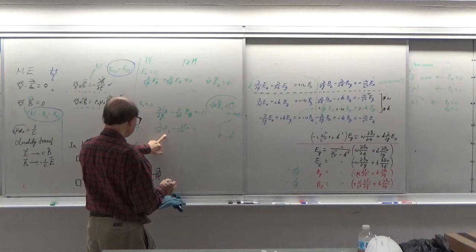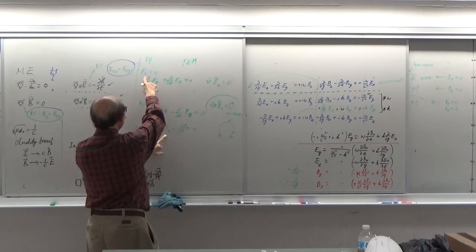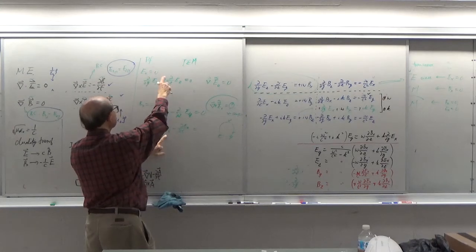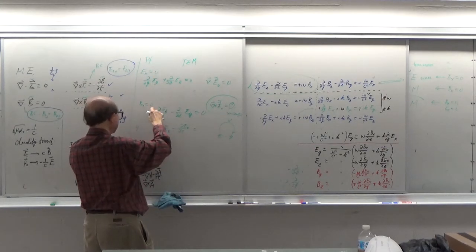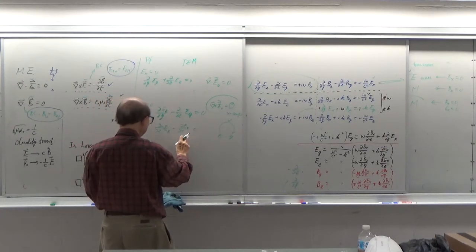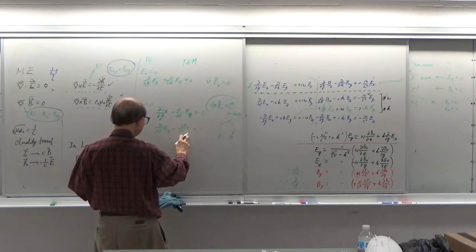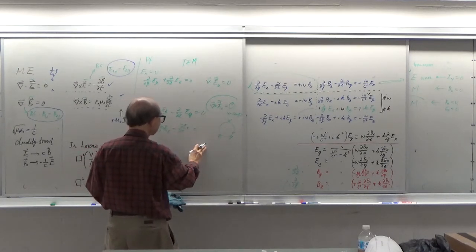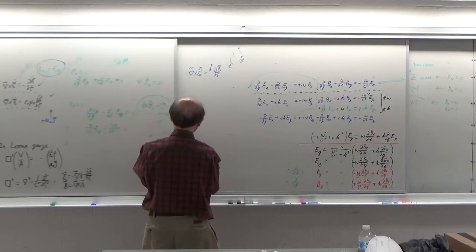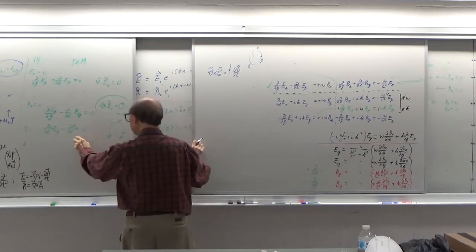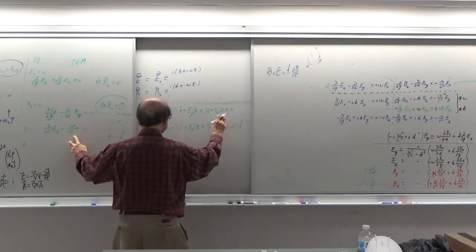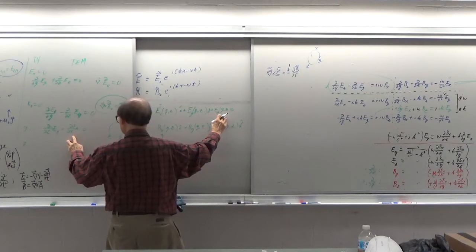Okay, this we said is 0 because we are talking about Ex is 0 and Bx is 0, so this is 0. And what about this one? Del Ez by del x, the derivative of the z component of E with respect to x.